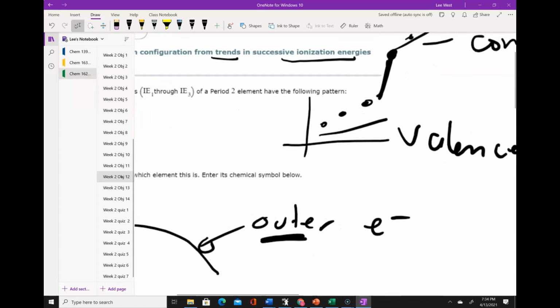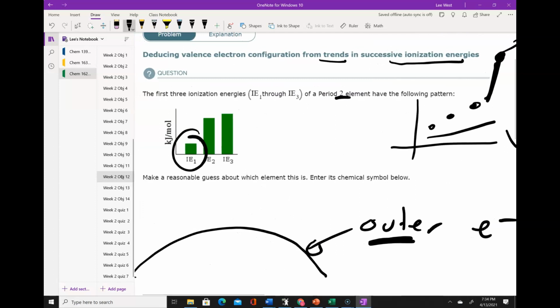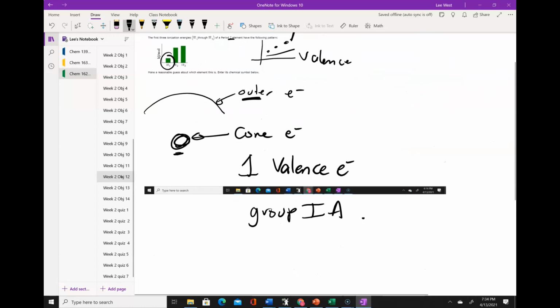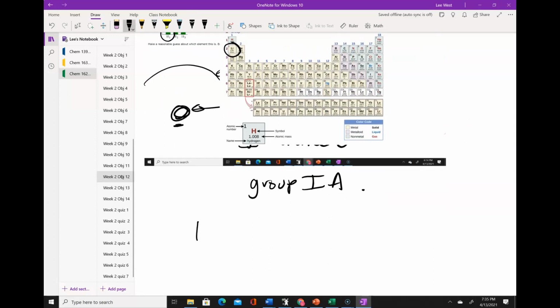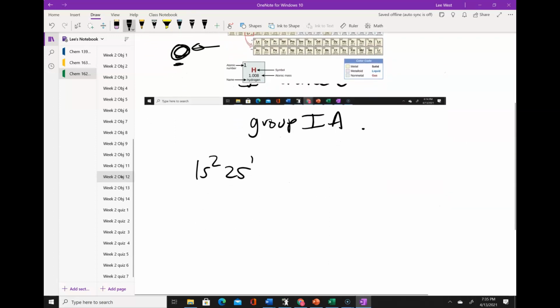So let's have a look at this. It says it's period 2. So we're going to go to period 2, group 1A, which is probably lithium. Lithium has 3 electrons, 1s2, 2s1.